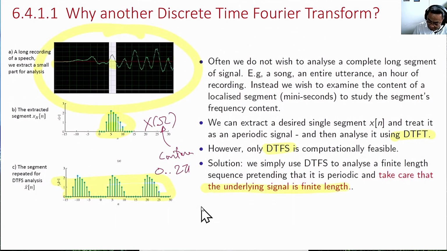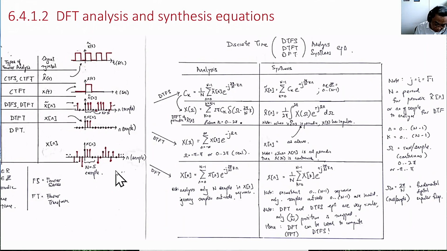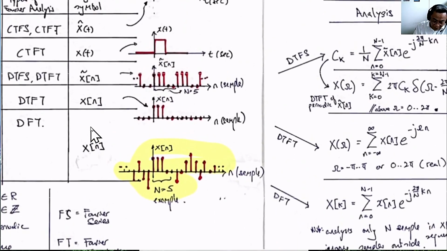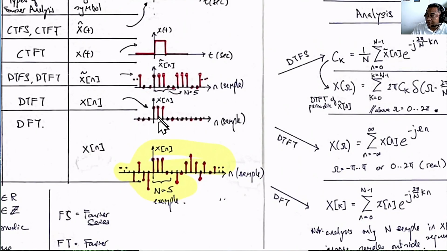And whenever we extract the information, we have to remember that the real underlying data is actually only a single period. So this is what we're talking about. We have this very long sequence, and we are going to take only these 5 samples, for example. In fact, these 5 samples look like these 5 samples, which is the DTFT, an aperiodic sequence.